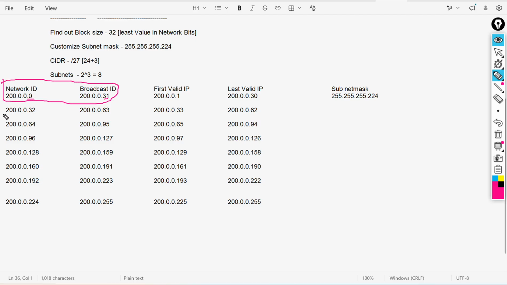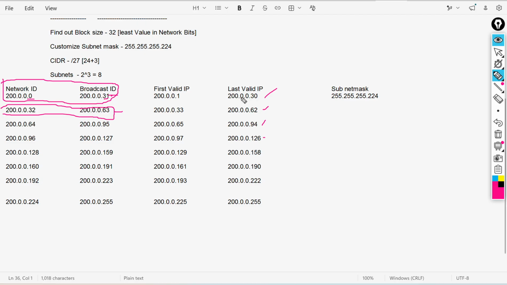Same way, 32 to 63, these IPs can communicate with each other. Any IP from this network cannot communicate with any IP in the other network. Remember this point. All are different networks. These are subnets, small networks.